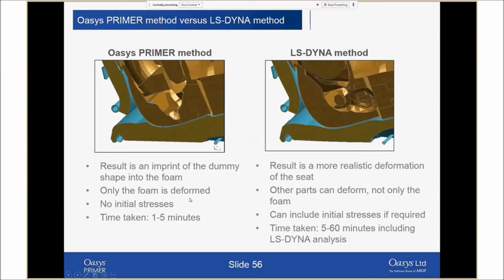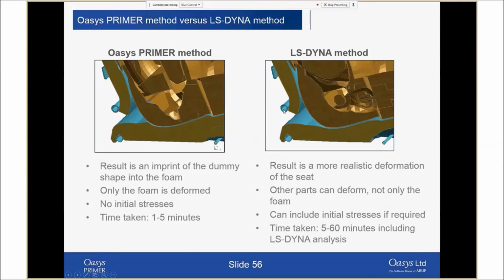Only the foam is deformed with the Primer method, so if you've got a complex seat with lots of different components within the seat itself, it's probably best to use the LS-DYNA method. There are no initial stresses that can be brought in from a Dyna in file, but you can use initial foam reference geometry if you want to create those initial stresses. But it's a pretty quick method, so if you want to do something quickly, that's the method you can use.